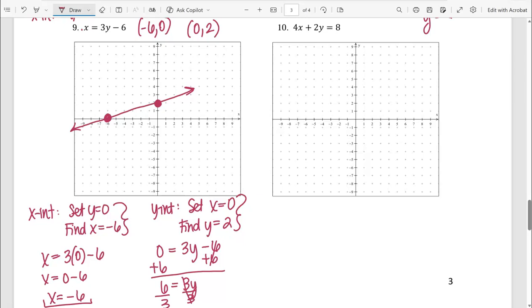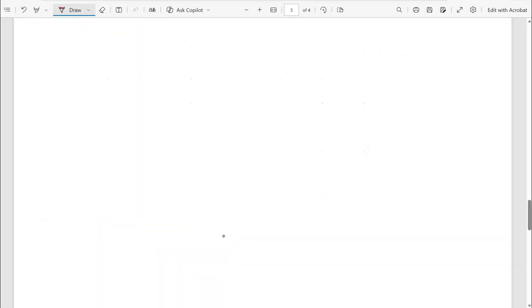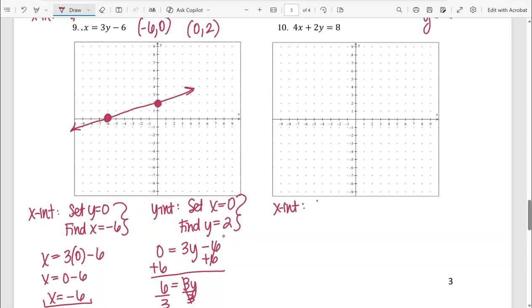Because number 10 was also in that weird form, y was not alone, I had to go the x, y intercept route. Whoops, just wrote that backwards. So to find my x-intercept, I'm going to set y equals 0 and find x.